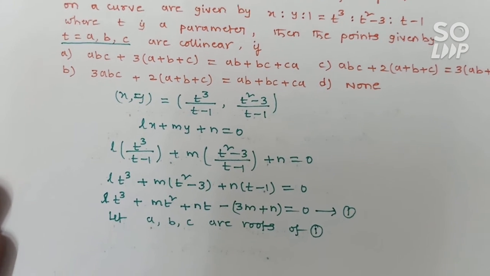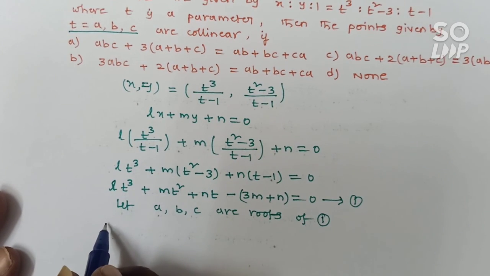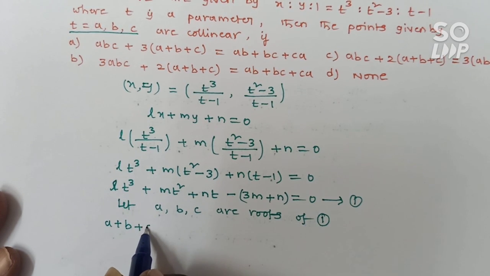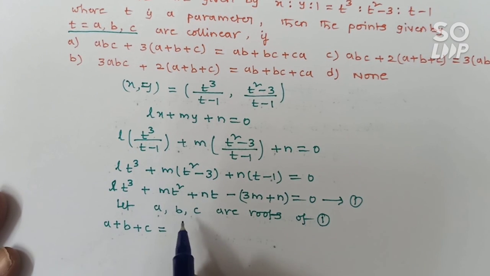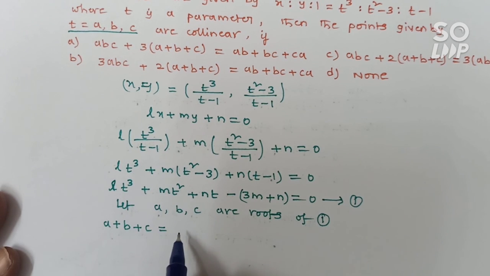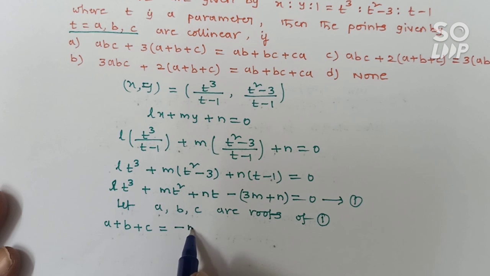Okay, so now what is the sum of the roots? That means a plus b plus c is equal to minus of the t square coefficient by the t cube coefficient, that is minus m whole divided by L.